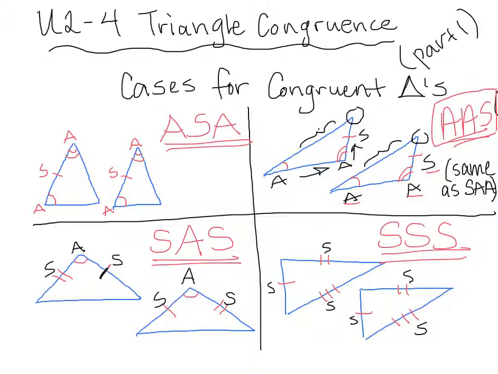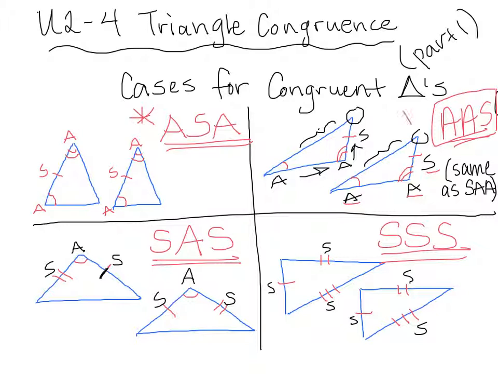So as you're looking at triangles, and if you're asked to label why they're congruent, you look for one of these four cases. Think about how you would label the congruent pieces that you know. If it's like the first box, it is an angle, a side, an angle.